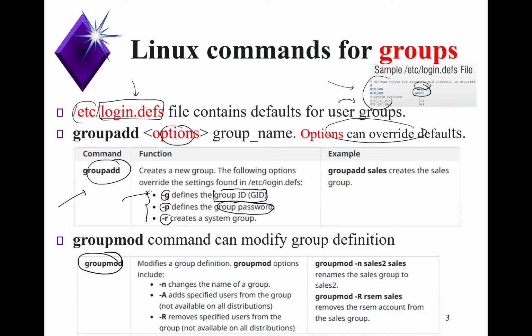So I have a question. Does the group password override the user password? No, it's a different password. Okay, thank you. It's a group password, because, for example, I'm a user, so I have my password.